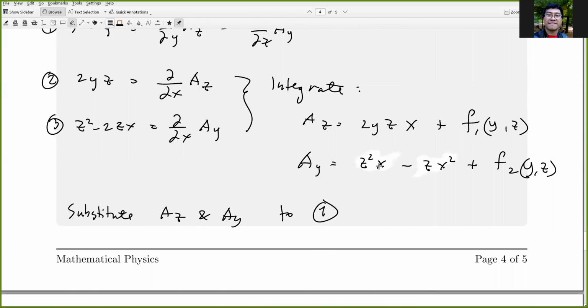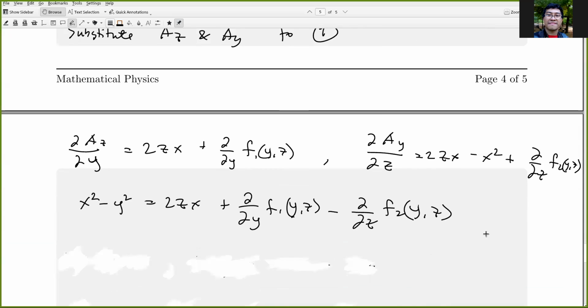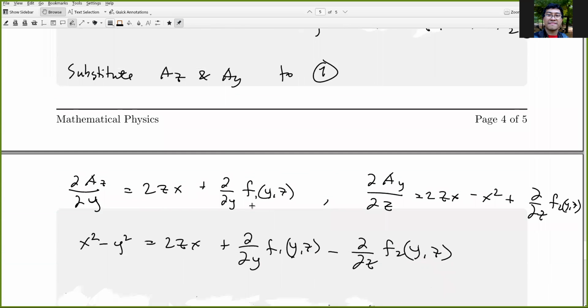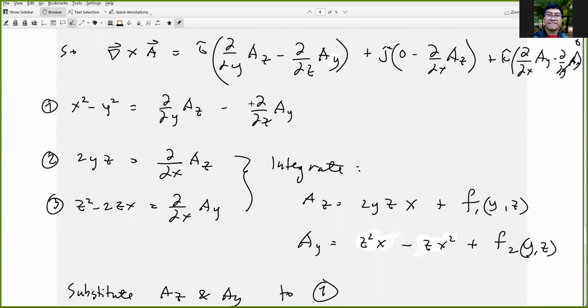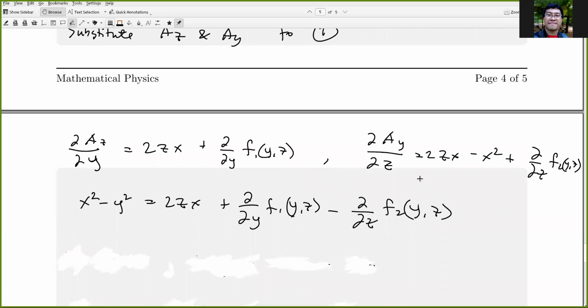So AY with respect to Z, you have here 2ZX minus X squared plus partial with respect to Z of F2. And then we plug that in here. Partial AZ with respect to Y, that's this, minus partial AY with respect to Z, that would be this.